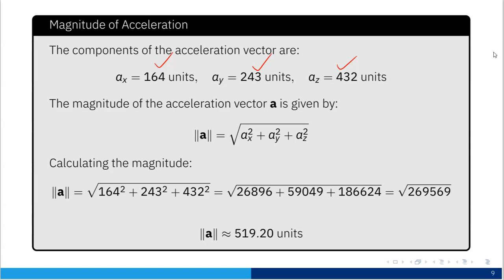So mod of a will be 519.20 units. So that is the magnitude of acceleration. So that's it. Thank you.